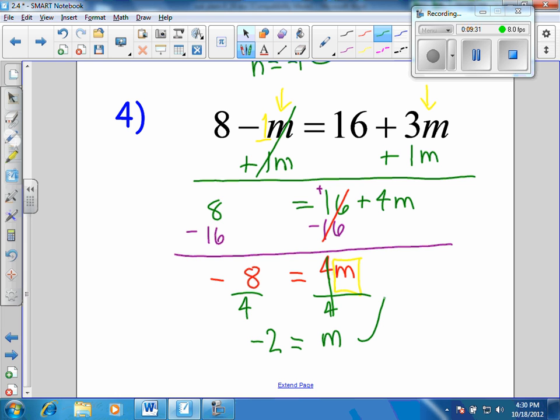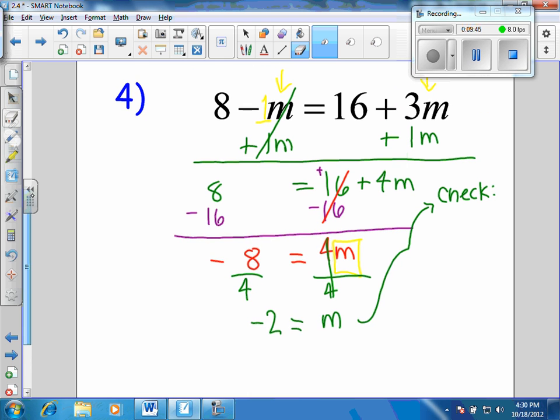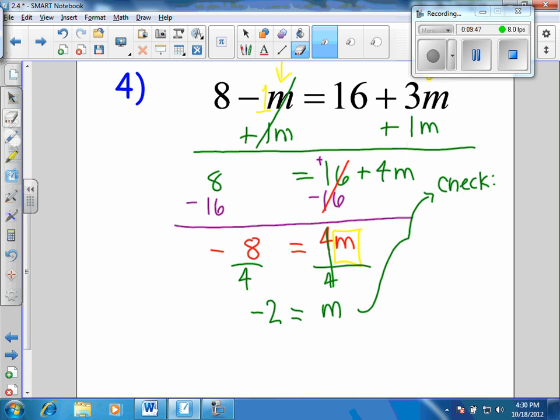So I'm going to check my answer, go up a little higher. Make some space for that check. I'm actually going to do that on this side.